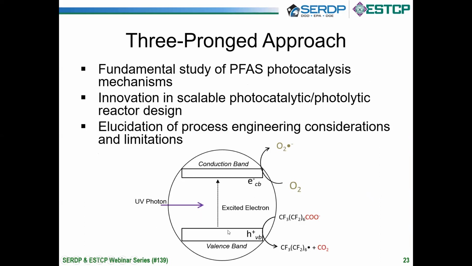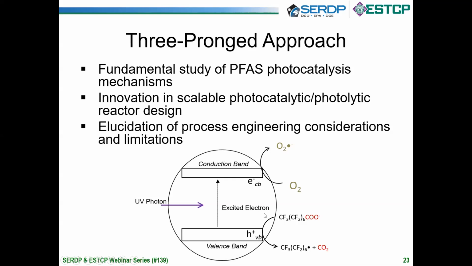Excitation with UV photons excites electrons from the valence band of the semiconductor into the conduction band across the band gap. I'll be referring to that as charge separation, which generates two types of charge carriers, conduction band electrons and valence band holes.